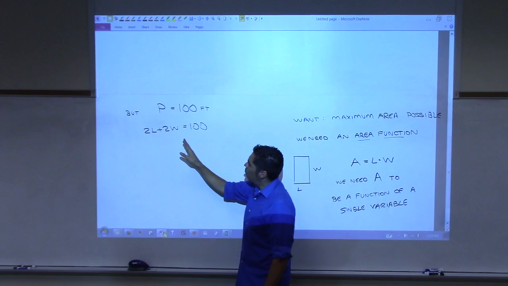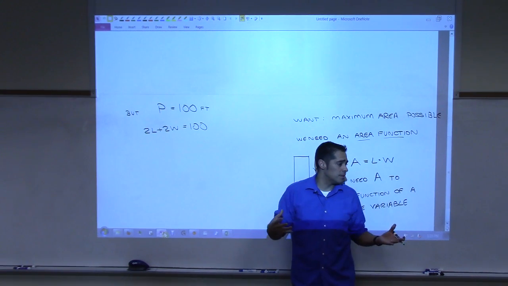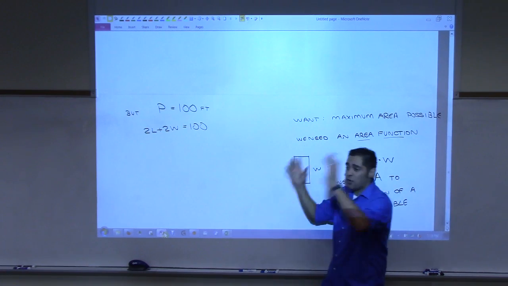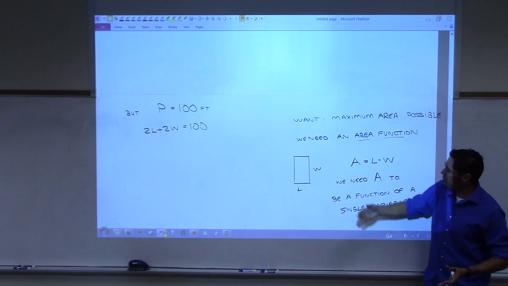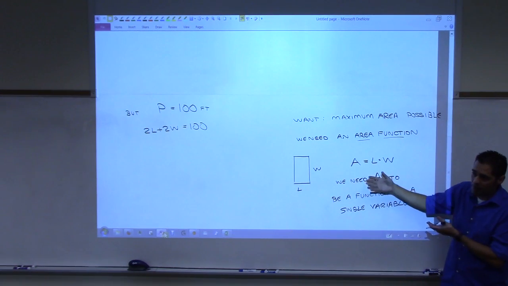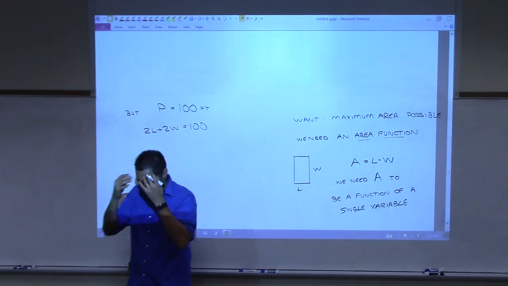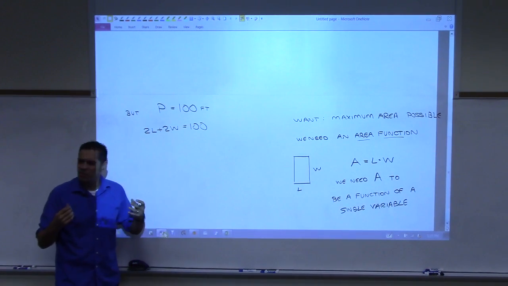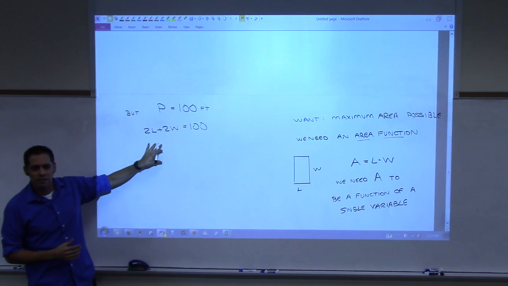Okay, good. So what this is right here is some condition we have on how we build this rectangle, right? We can't just go build this however we want, because we only have so much fence, right? So even though this is a relationship we have for area, area is length times width, there is some sort of constraint, maybe? We're constrained to this, aren't we?